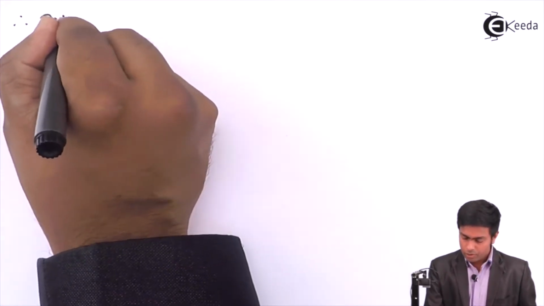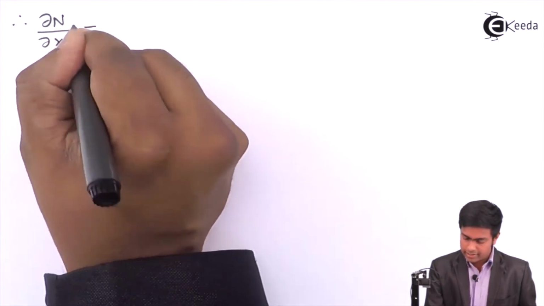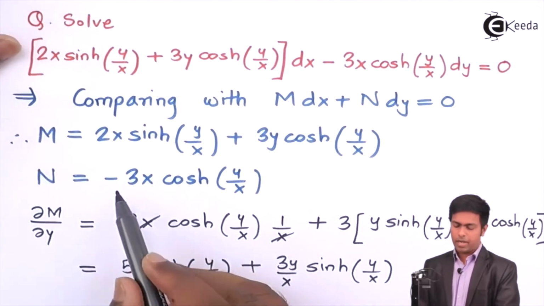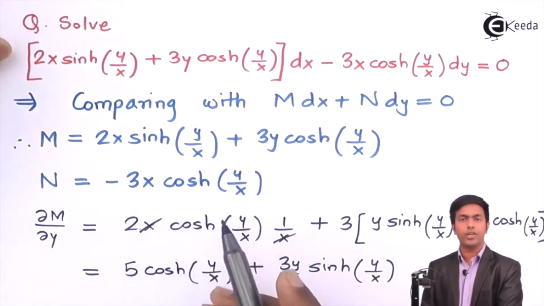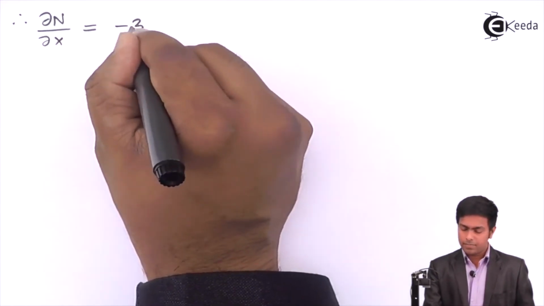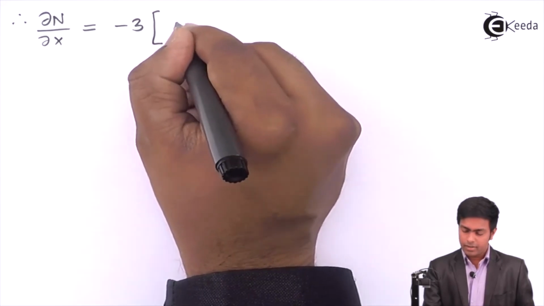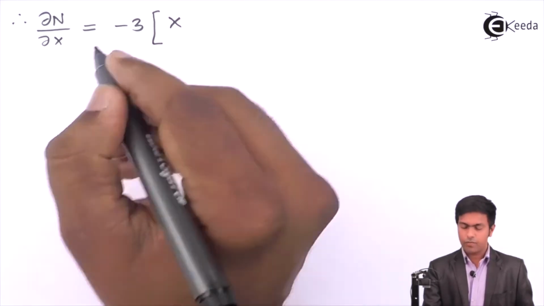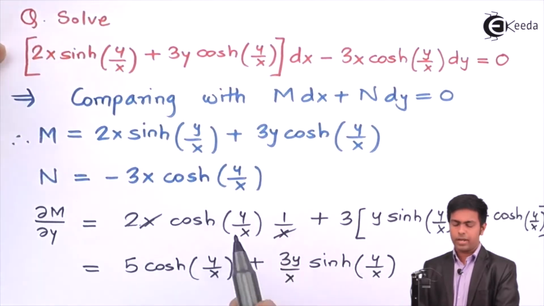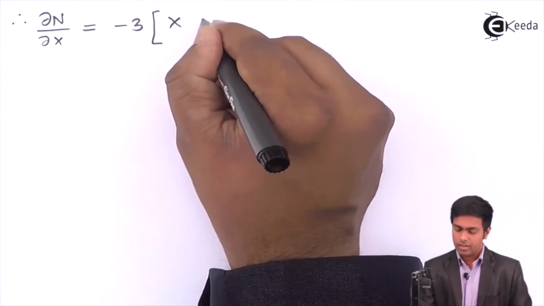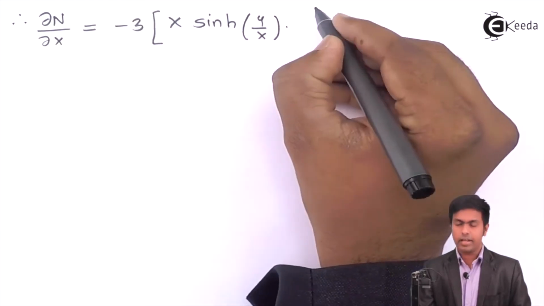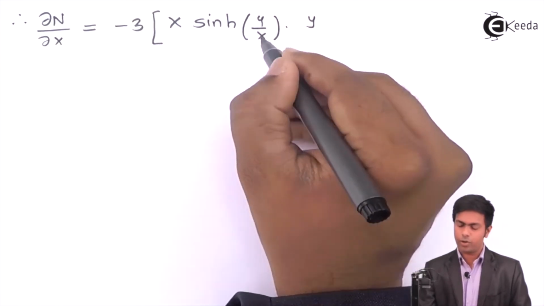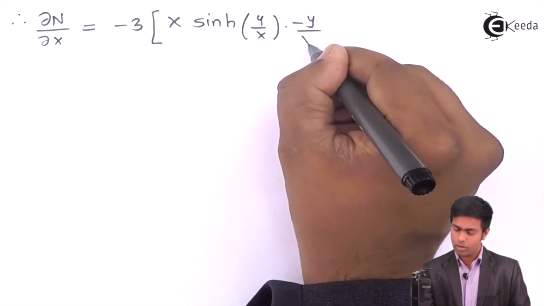Now let's find out ∂N/∂x. So ∂N/∂x is equal to, this minus 3 is constant outside, and here again I'll apply the rule of uv. So minus 3, and in bracket we will get x as it is. For cosh(y/x), the derivative is sinh(y/x), then y constant, and the derivative of 1/x is minus 1/x squared.